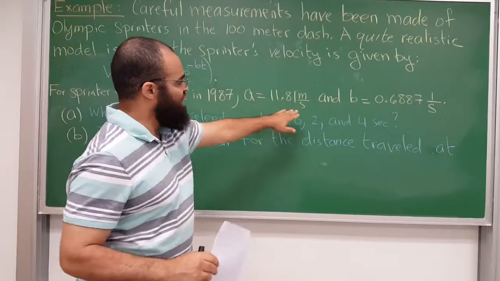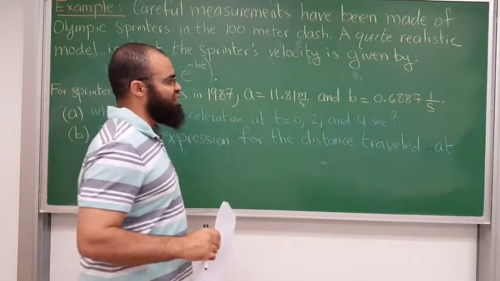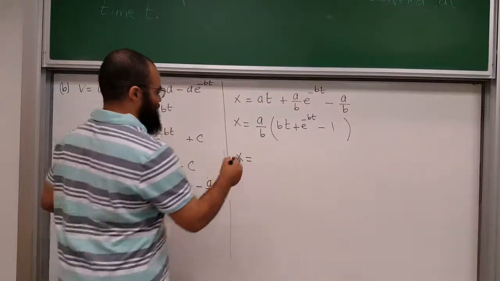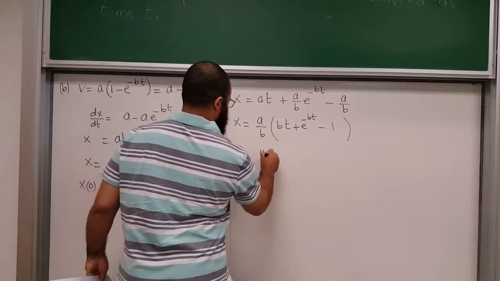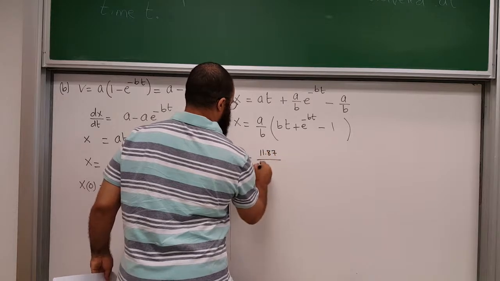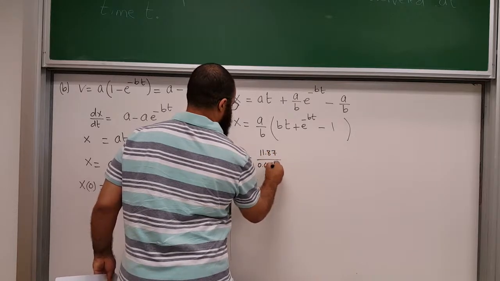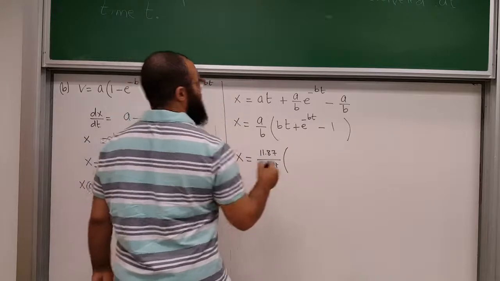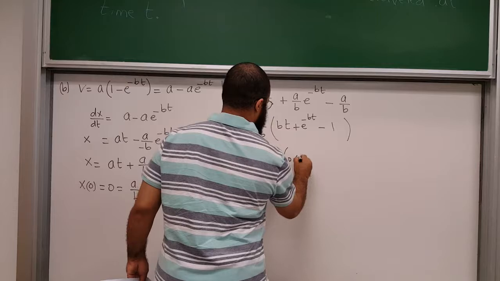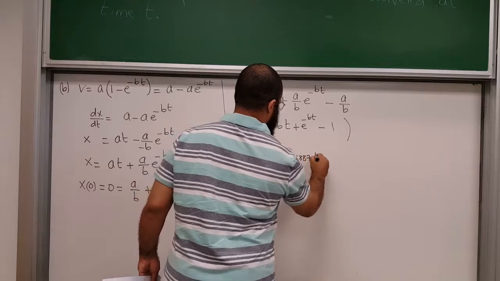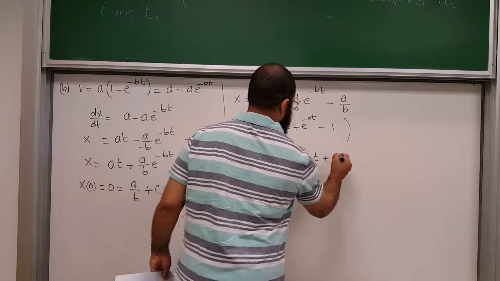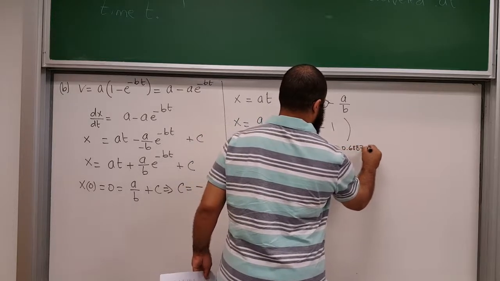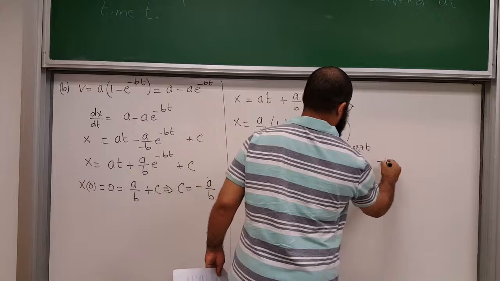A was 11.81 and B was 0.6887. So I have 11.81 over 0.6887 times B times T. So 0.6887 times T plus e to the minus 0.6887 times t, and minus 1.